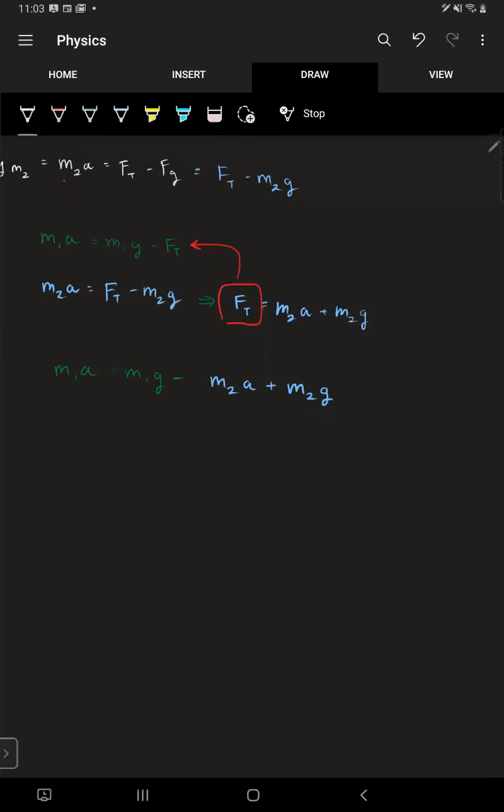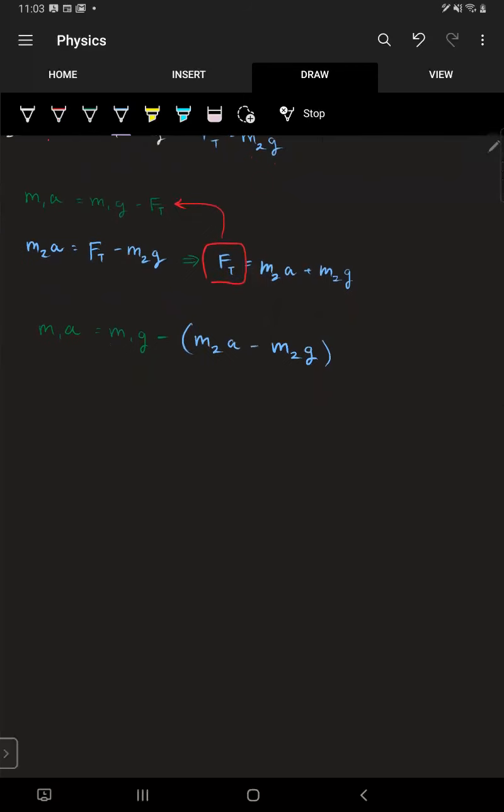Let's see. No, we would have to do a subtraction sign here. That might confuse you, so let me do that in two steps. So we substituted for Ft here, and we get M1A equals M1G minus M2A minus M2G.